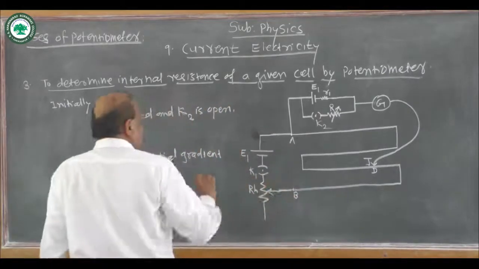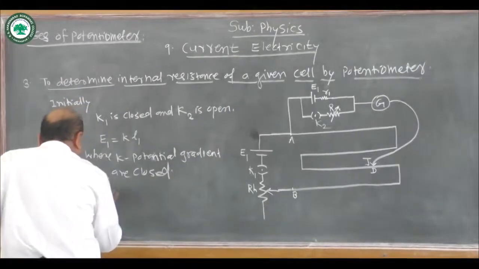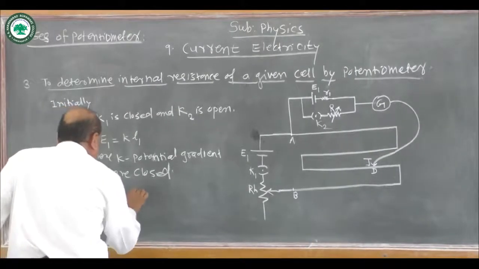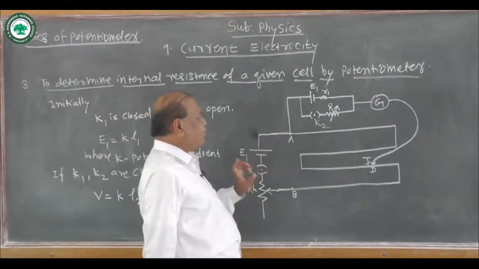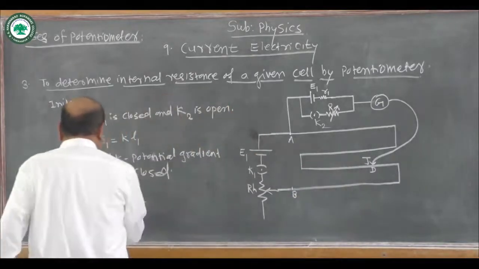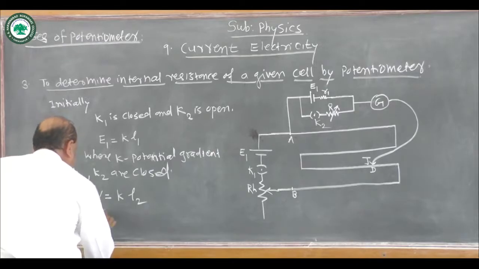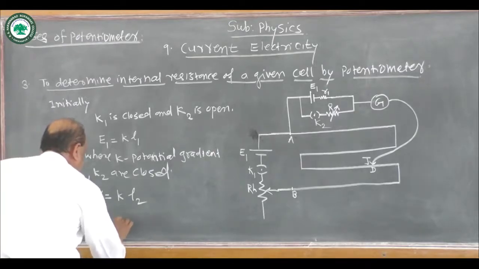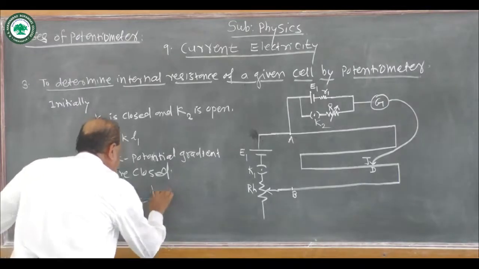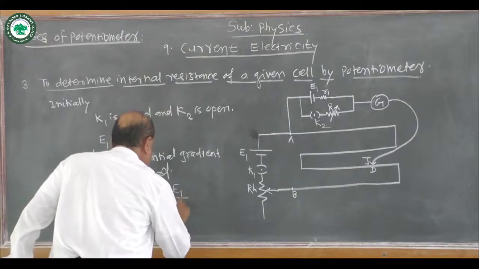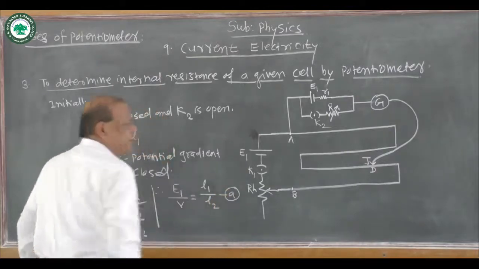That is the null point, and the potential across this wire, V, is equal to KL2, where L2 is the length from A to D. From these two equations, E1 upon V is equal to KL1 divided by KL2, and therefore E1 by V is equal to L1 by L2. This is equation A.